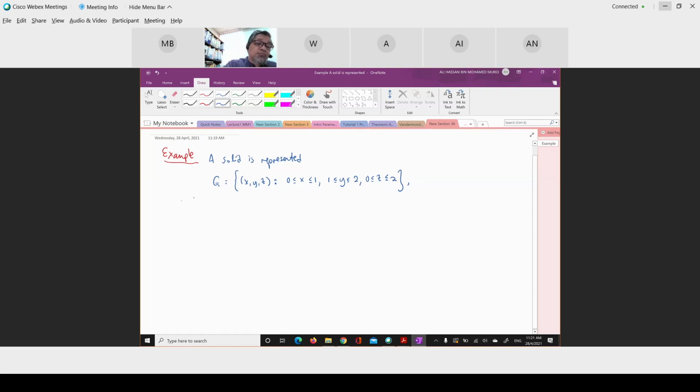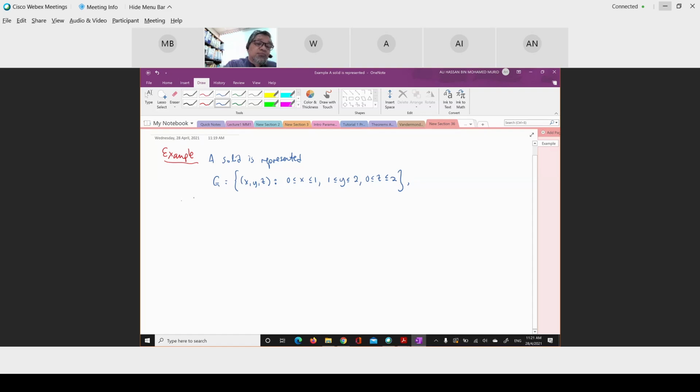Before integrating, we simplify the integrand. 2 minus 1 is 1. We have z minus z over 4, which is 3z over 4. I'm sure everyone could solve this integral and show that the result is 7 over 2.